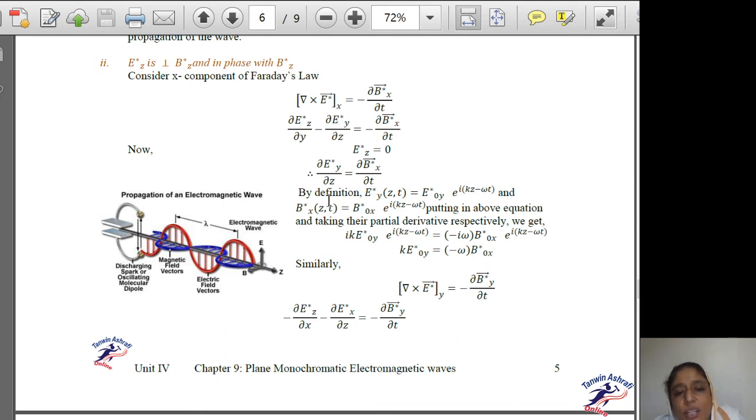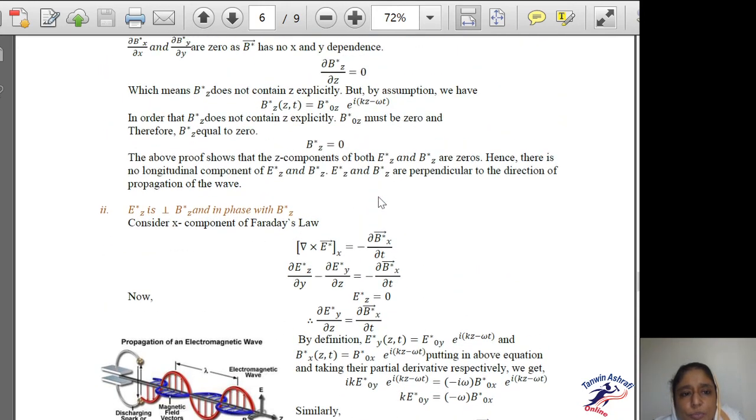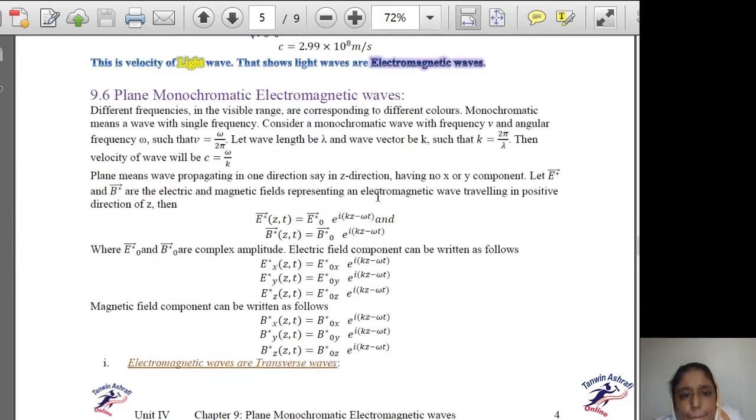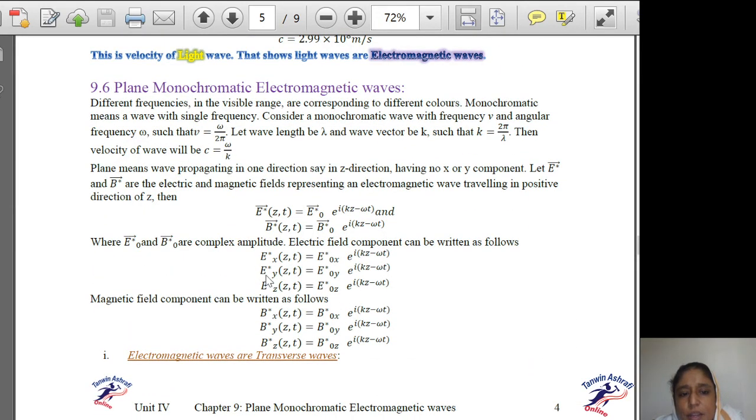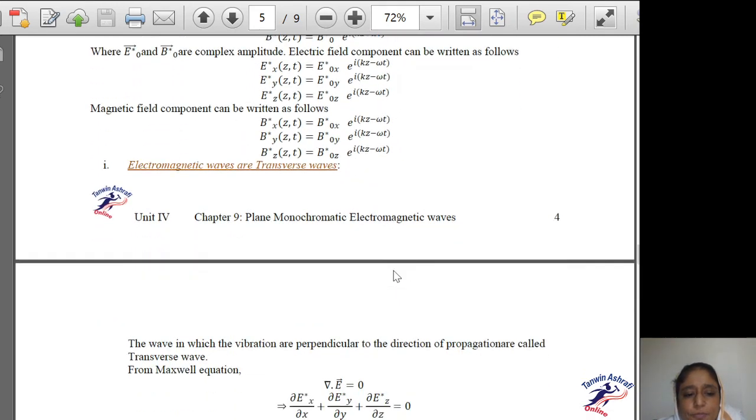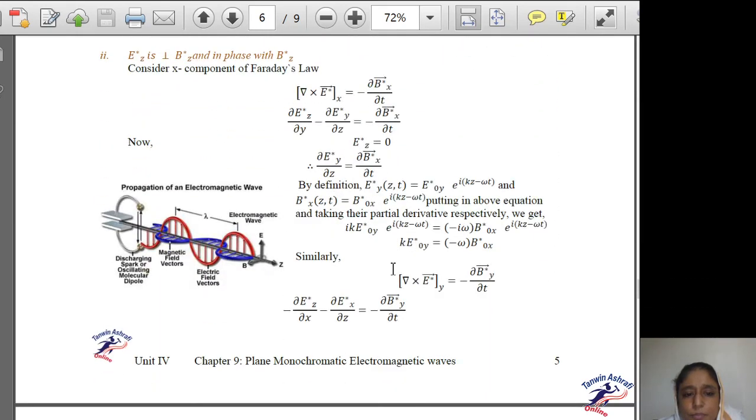Now, by definition, what we have of Ey, as we have defined above, this definition: Ey(z,t) is equal to E0y e raised to i(kz minus omega t). And similarly Bx(z,t) is equal to B0x e raised to i(kz minus omega t).